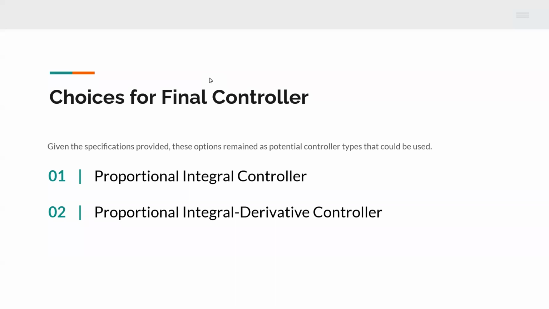Because of the design specifications, we had to narrow it down to just the proportional integral controller and the proportional integral derivative controller, mostly because of the 0 steady state error. None of the other controllers could do that.